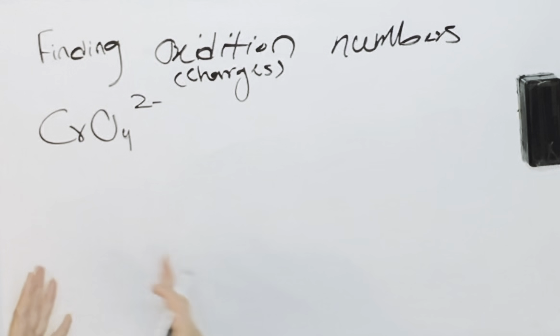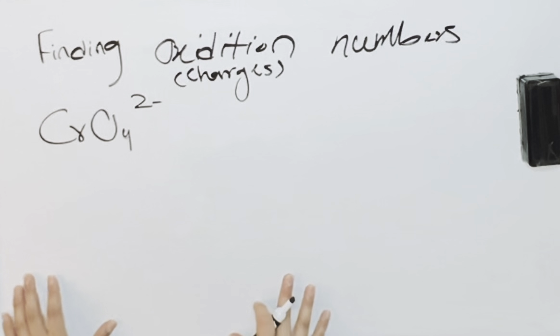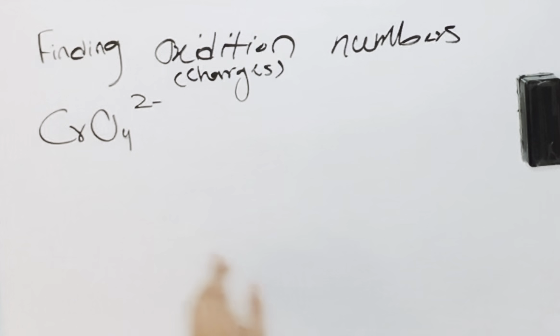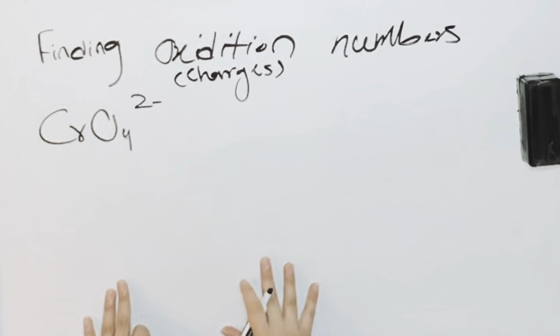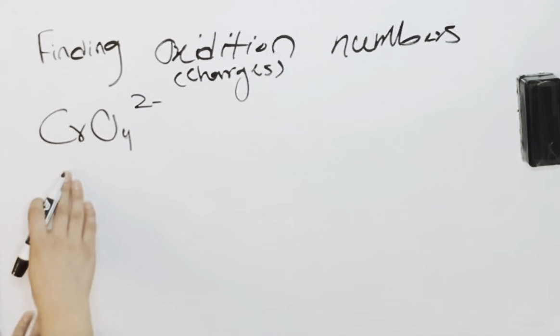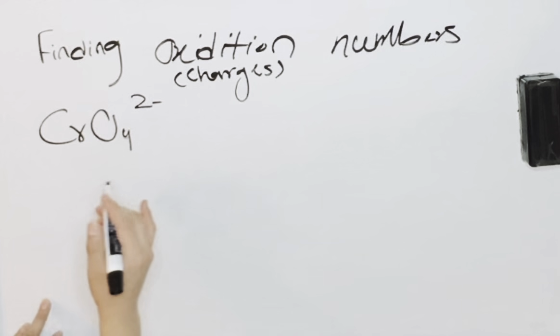Now we have this compound, and we don't need to know its name. We are told that we need to find the oxidation state for Cr, or chromium. The easiest way to figure this out is to just remember that oxygen's oxidation state is not going to change, so chromium is what we're going to solve for.